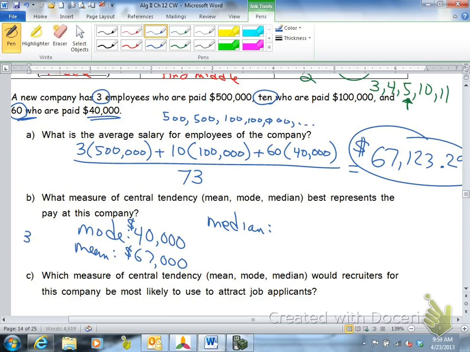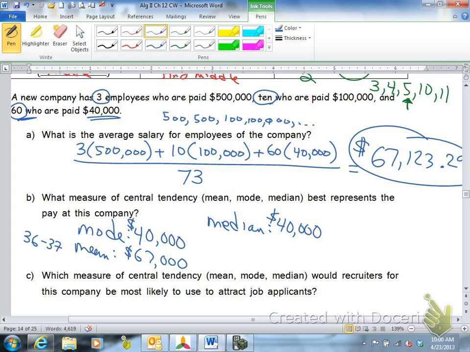So the 36th to the 37th in the line, the middle of 73, is about 36 and a half. So if you line them all up, the median is going to be $40,000. Because if you go from the right, you have 13 who make a lot, everybody else makes $40,000.